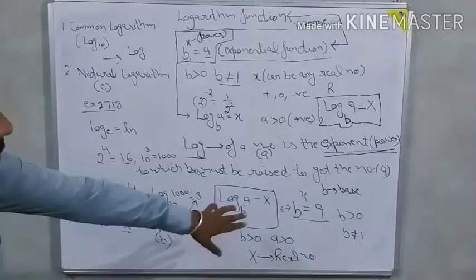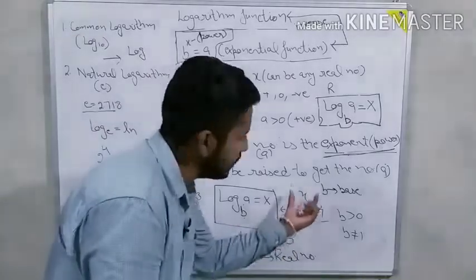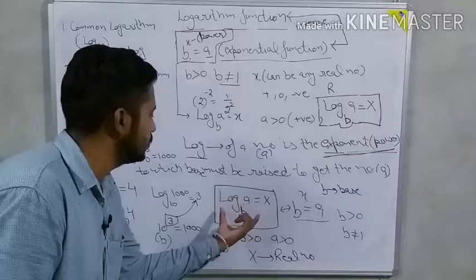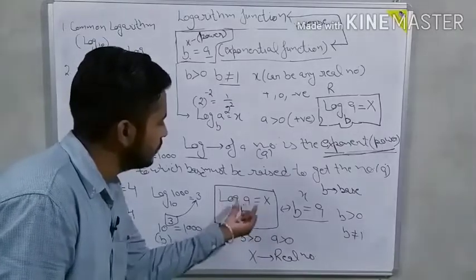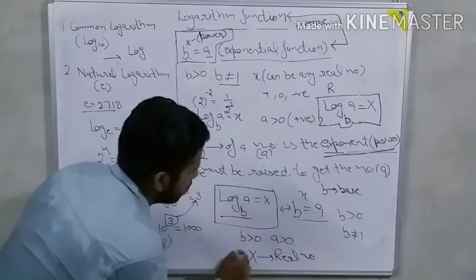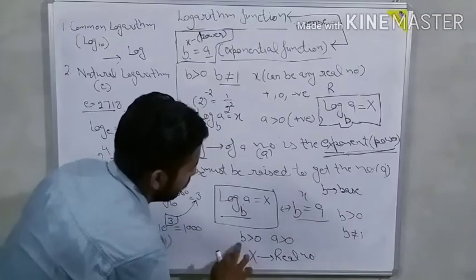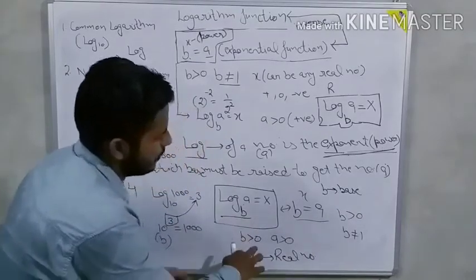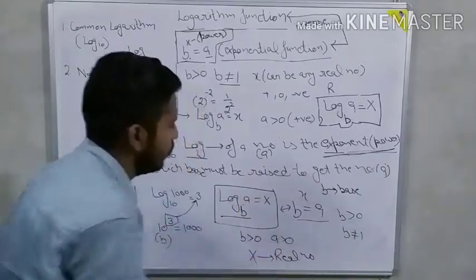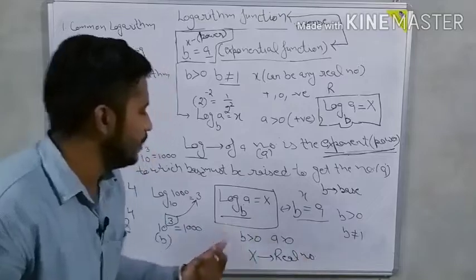In that way we can calculate the logarithm of different numbers. For the exponential function b raised to power x is equal to a, the equivalent logarithmic function is log of a with base b is equal to x, and the condition for this is the same. The base b must be greater than 0 and a must be greater than 0, and x can be any real number.